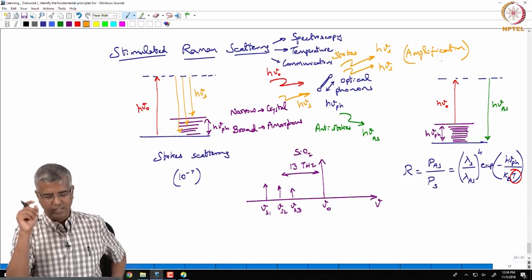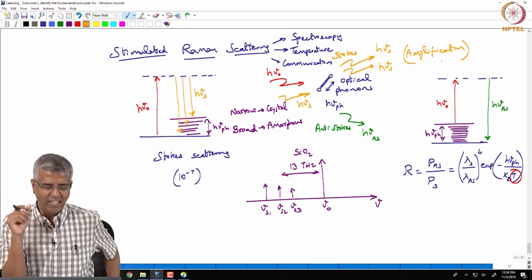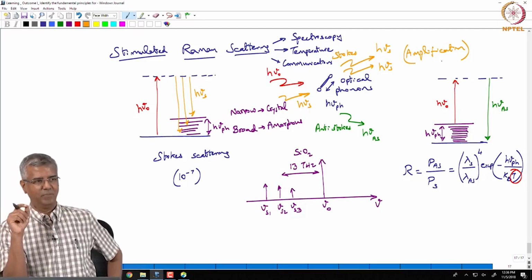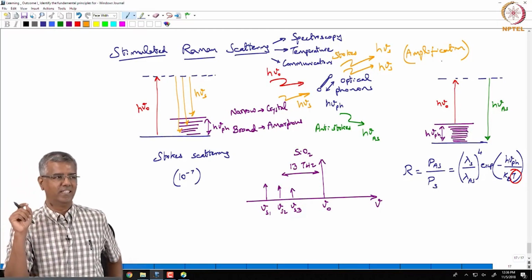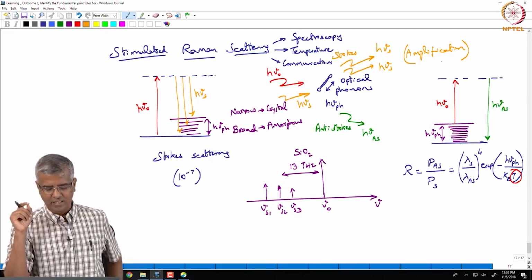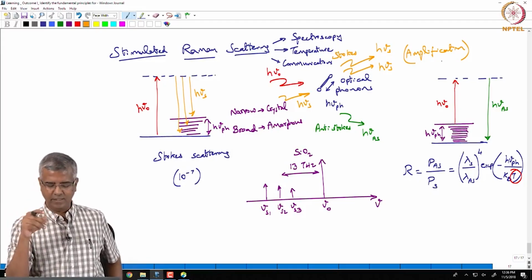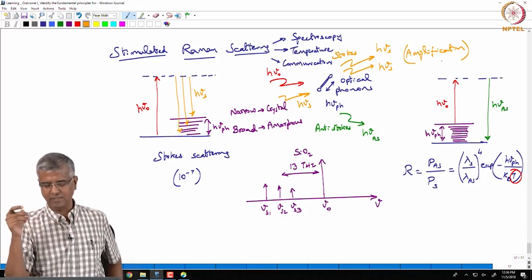Yes, there are basically photons that are controlling your transitions, and here there are vibrations. That is partially correct, but there is one more important thing that we have here, which is key. It's a nonlinear process, right?